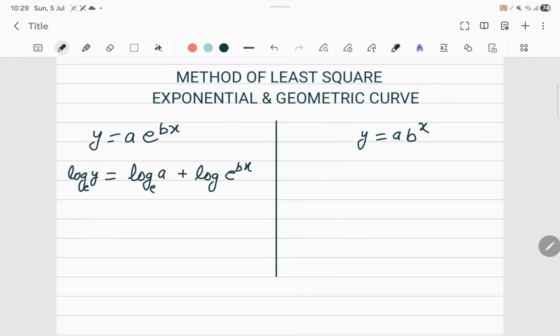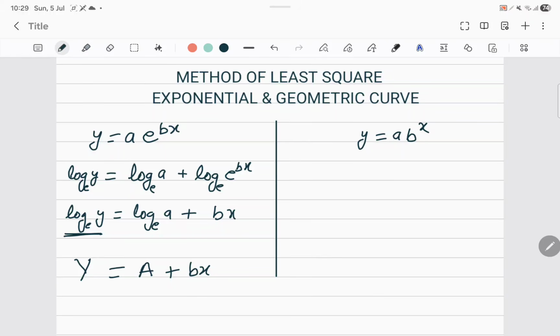We know that log of e is 1, so I will be left with bx. So log y is equal to log a plus bx. Now I will replace log y by capital Y, so Y is equal to a plus bx. So this is a straight line.